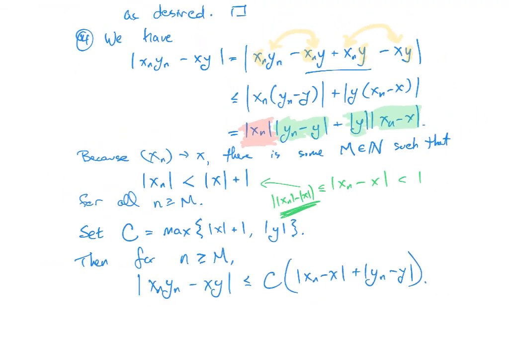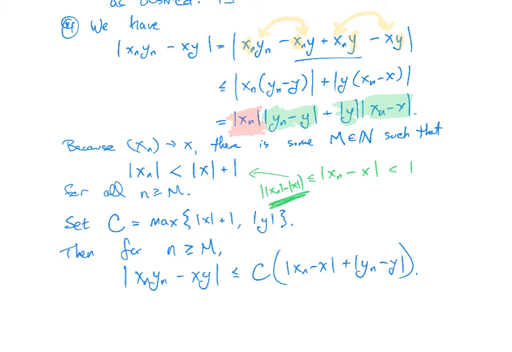So you're saying that we're like distributing out the xn and the yn, but we're taking the max of them. Yeah. So these terms are both at most capital C. So I'm saying that's at most capital C times absolute value yn minus y. That's at most capital C times absolute value xn minus x. And so together, we get at most capital C times the sum of those two things. Okay, I see now.